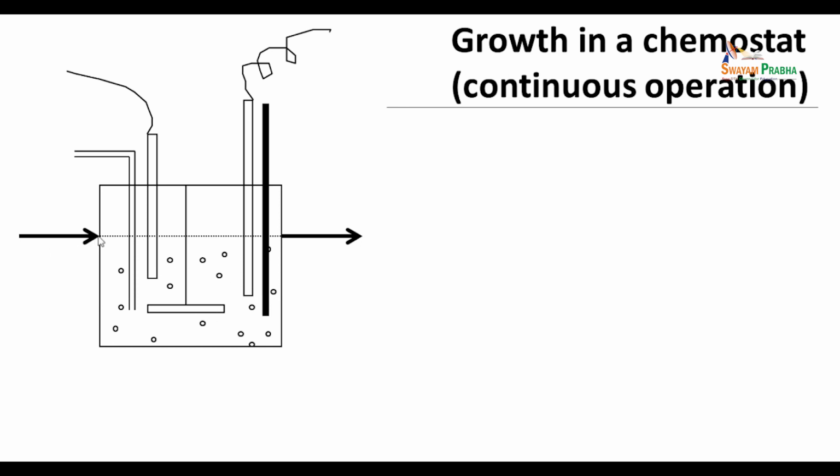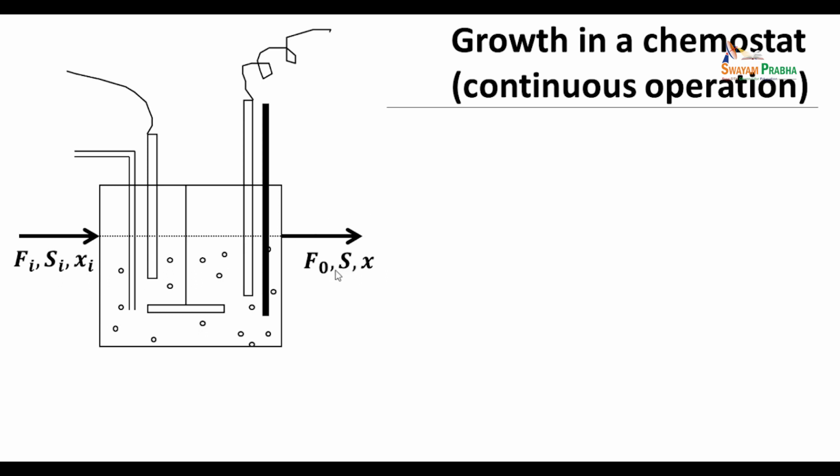Then there is a continuous stream of input and a continuous stream of output, right? Let us say that the volumetric feed rate, volume per time, at the inlet is Fi. The substrate concentration in the feed is Si, and the cell concentration in the feed is Xi.